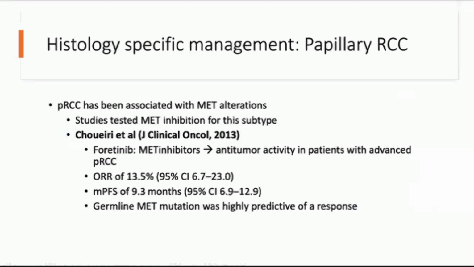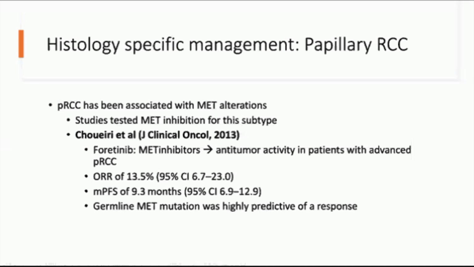So as a result, some earlier studies looked at the effect of MET inhibitors as a treatment option for patients with papillary histology specifically. And Choueiri and colleagues shared their first results in 2013 and reported an objective response rate of 13.5%, suggesting that there may be anti-tumor activity.